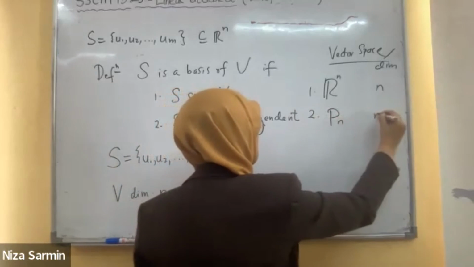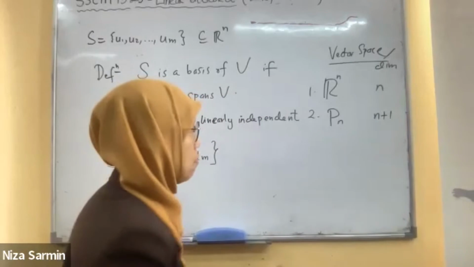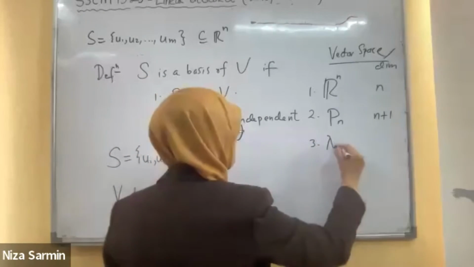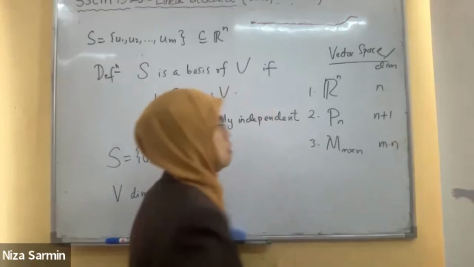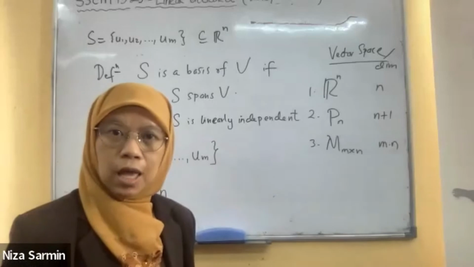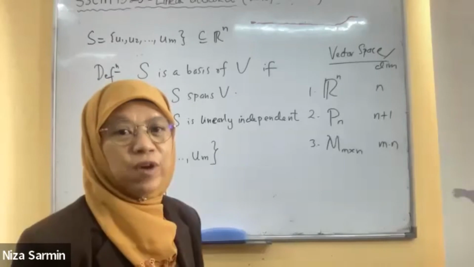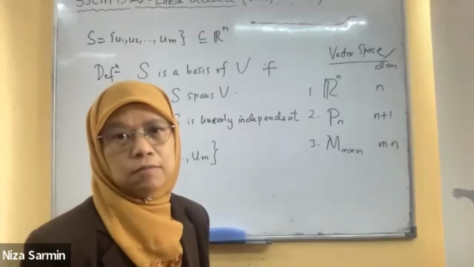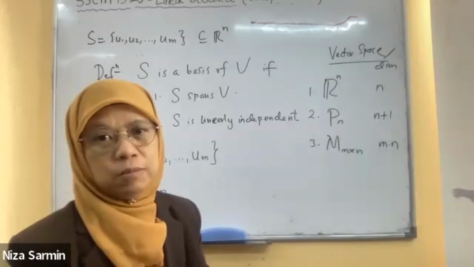Pn has dimension n plus 1. The matrix m by n has dimension m times n. Okay. For functions, we don't have a basis for the whole function space. So we normally don't talk about functions for the basis.